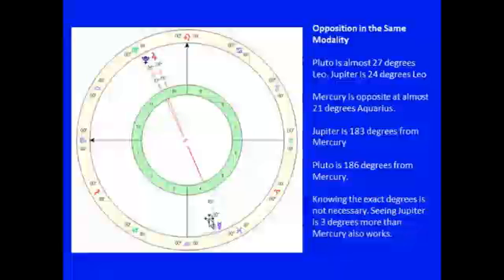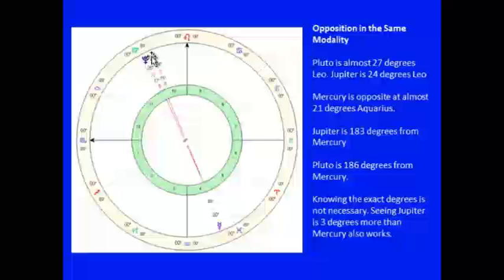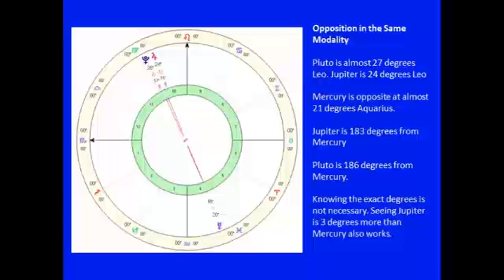It's a 183-degree opposition. And then Pluto's at 26, almost 27. So 21 to 27 is a 186-degree opposition. So a very close opposition is happening here between these planets. So we can see that it's definitely within that 10-degree orb.